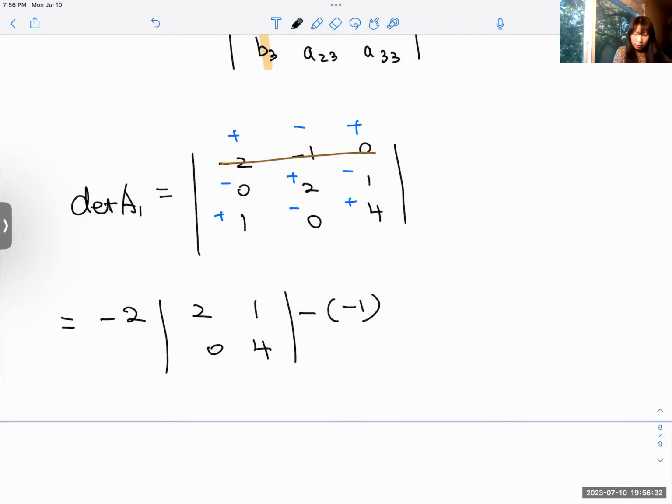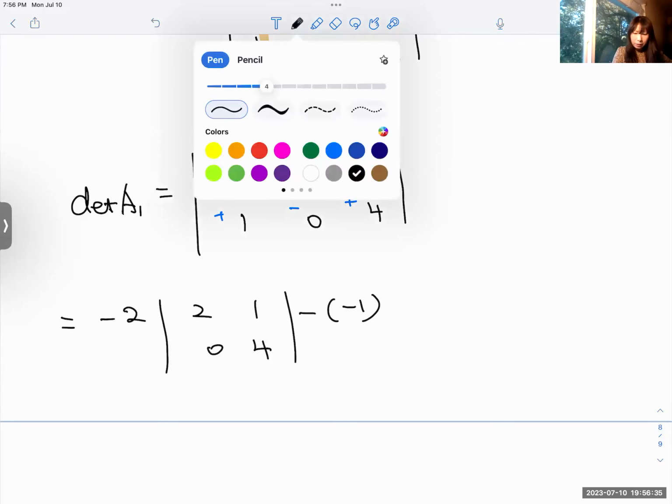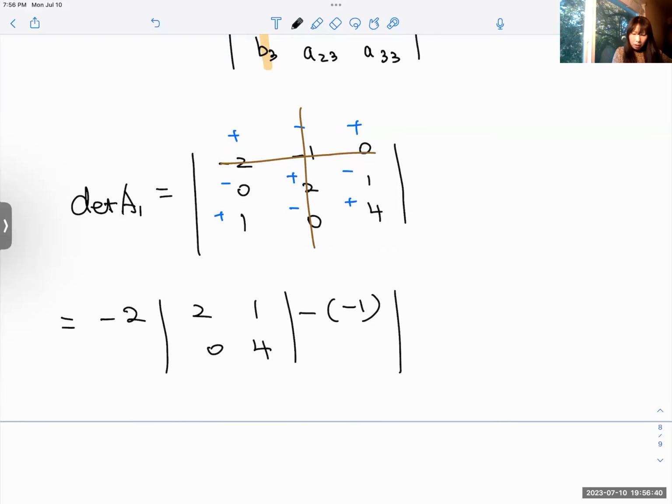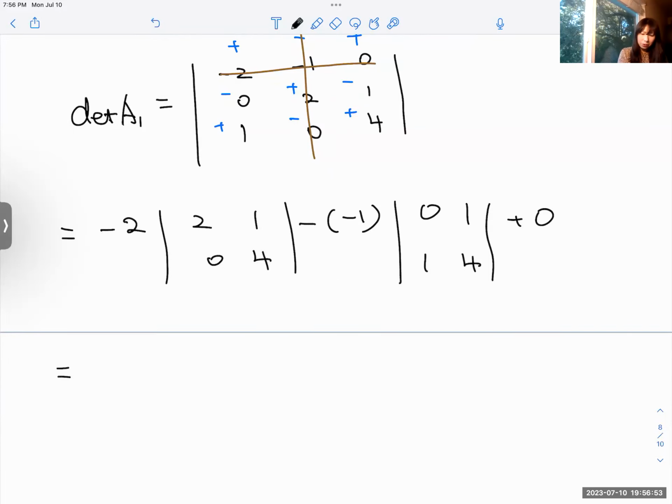And negative 1. And we cross out. So there will be 0, 1, 1, 4. And third one is positive, which is 0. Excellent. 0 is always good. Okay, now let us do negative 2 times 4 minus 0, positive 1, 0, 1.